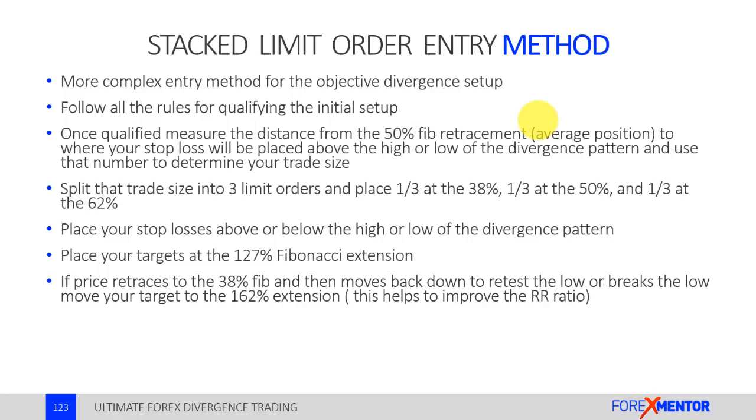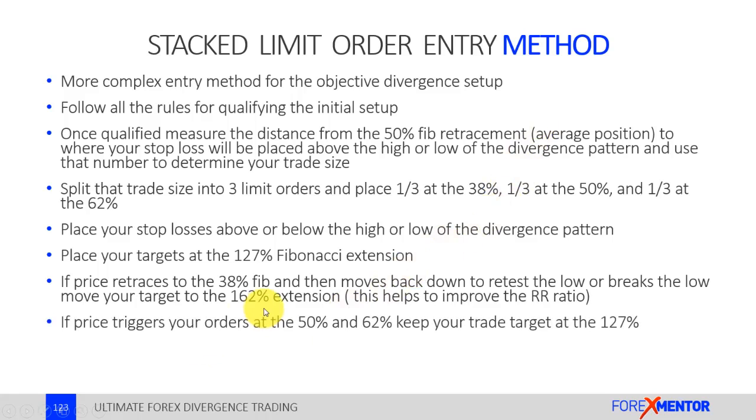So the probability is that it's going to move to the 162% extension. Now, if price does trigger your orders at the 50 and 62%, keep your trade target at the 127.